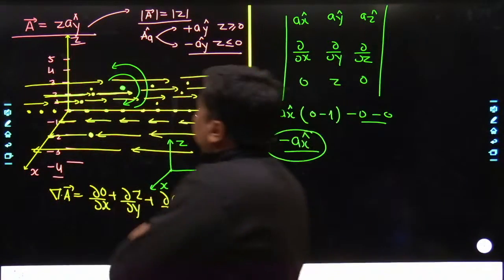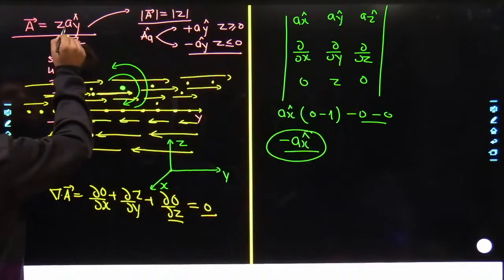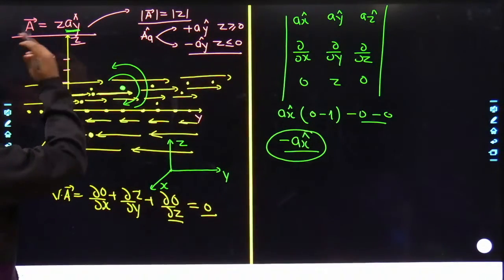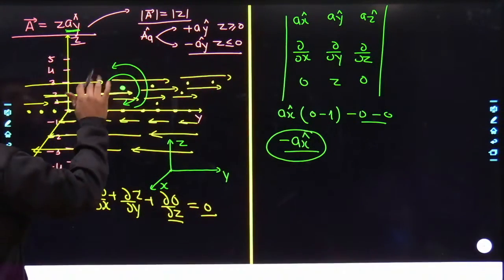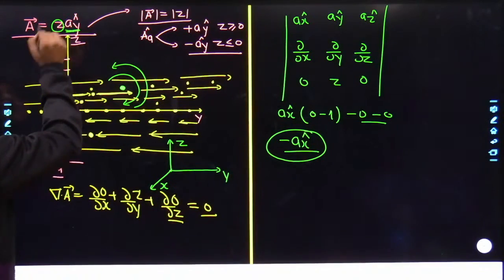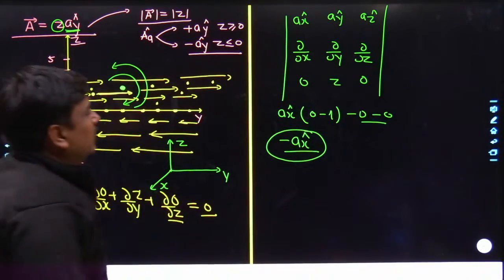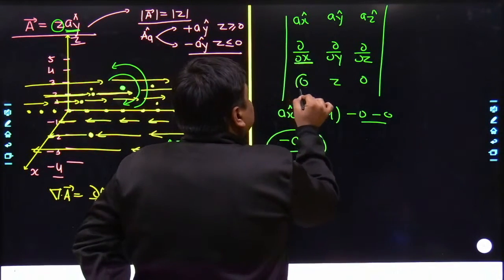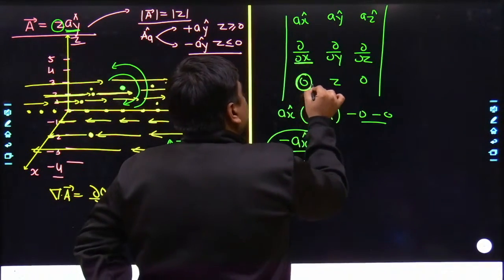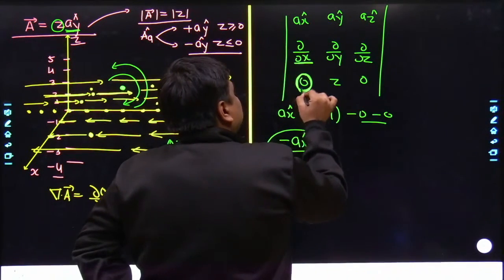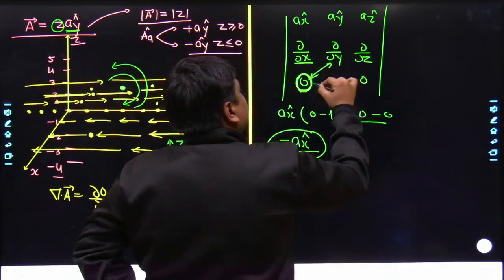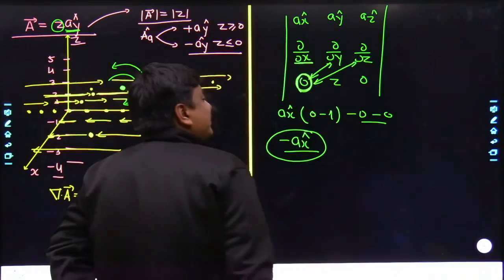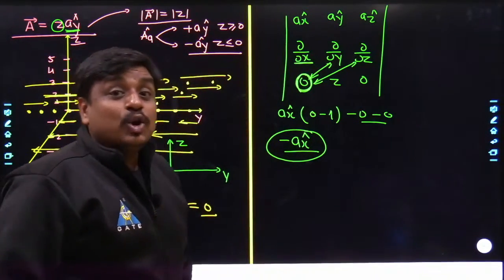Whereas if you have been dealing with the a_x cap, anything apart from x, it could be y, it could be z, the function of y and z, they would be responsible for rotation. You can see by yourself. Why? Because if you have the function of y and z below the dou by dou x, definitely they are going to be differentiated with respect to y as well as z, and probably they would lead to a non-zero value.